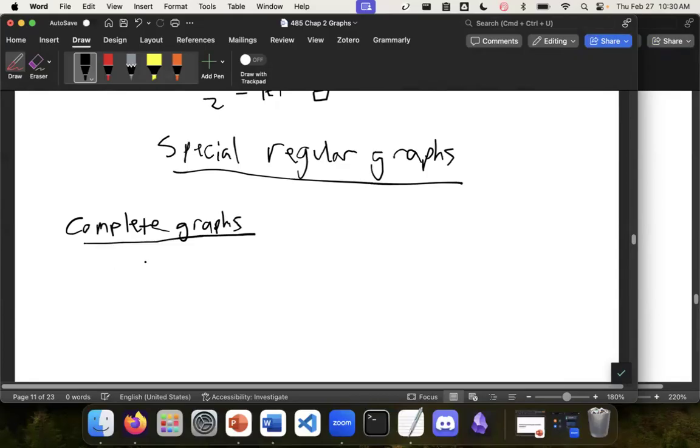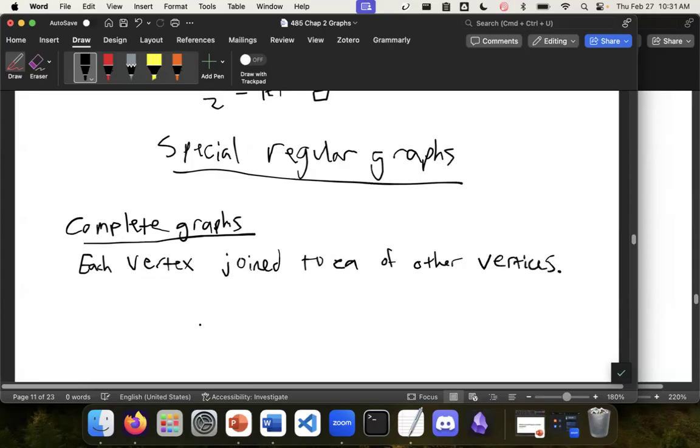Complete graphs are where each vertex is going to be joined to each of the other vertices by exactly one edge.